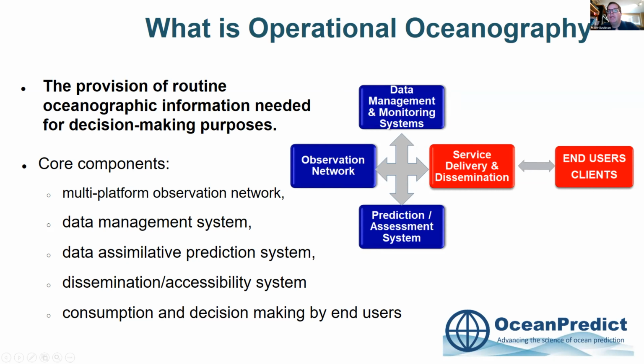And we can look at it as different components that you see up here: the observation network, the prediction and data assimilation system, the service delivery and the end users in red, because those are more client focused. And then data management and monitoring systems for all the data coming in and going out is also very important. And in Ocean Predict, we're focused on the prediction system, but we're embedded within that whole infrastructure for operational oceanography, which Enrique will probably talk more about, and how that gets organized.